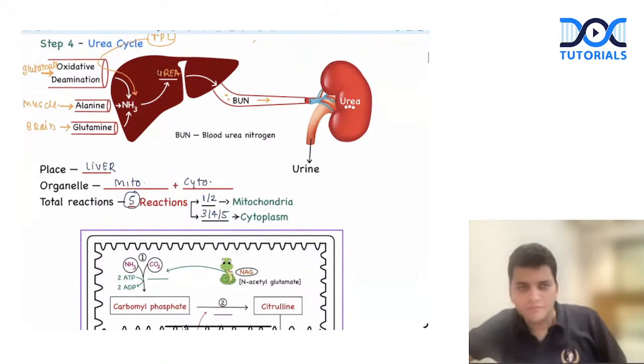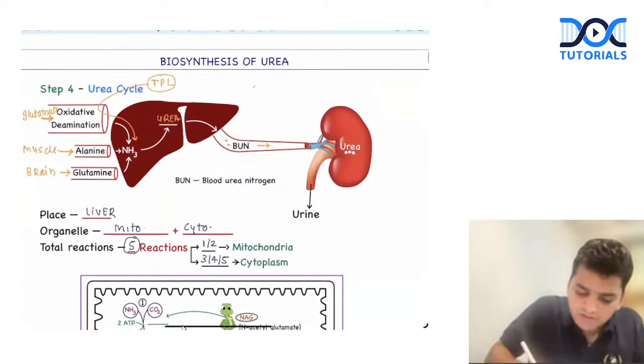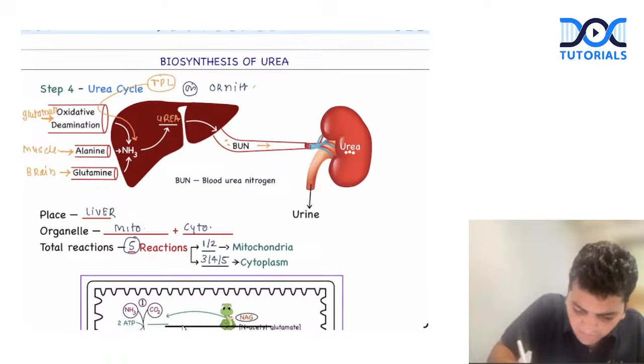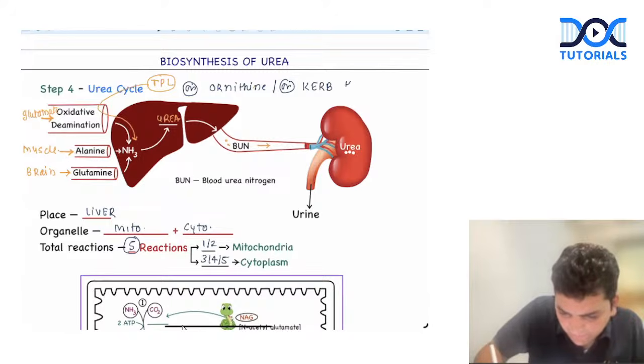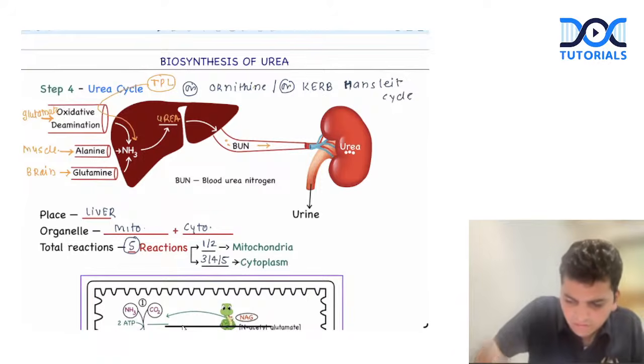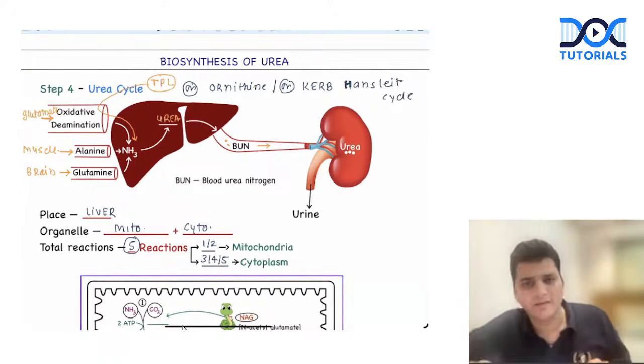Now, this urea cycle is also called the ornithine cycle. It is also called the Krebs-Henseleit cycle. The Krebs-Henseleit cycle, the urea cycle, or the ornithine cycle is the same thing.